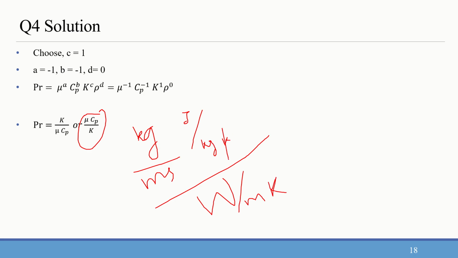So we can cancel Kelvin, Kelvin, kg, kg gets cancelled. And again meter and meter gets cancelled. Joules per second is watt. So this watt and this watt also get cancelled. So this is the dimensionless form and we have correctly obtained the dimensionless form as well. So that is how we do it.